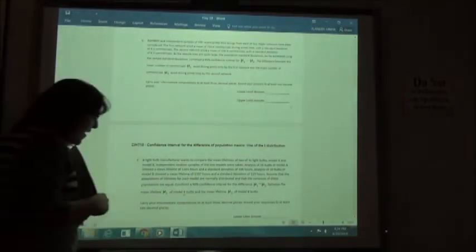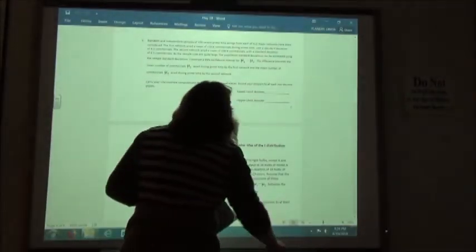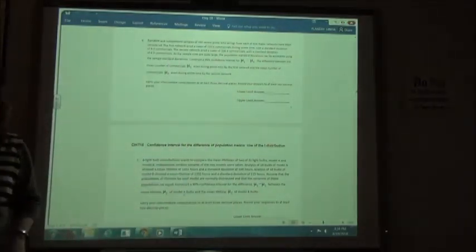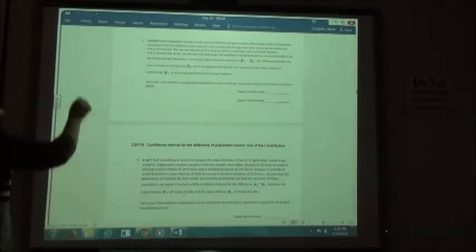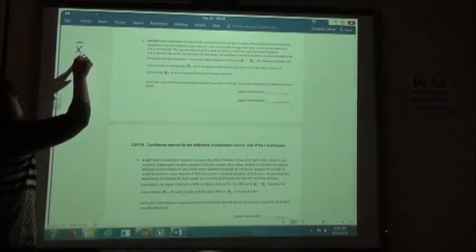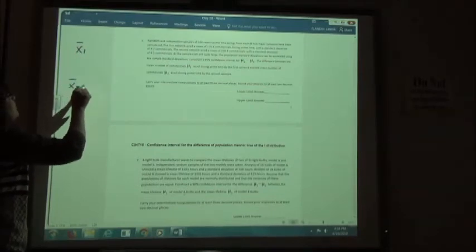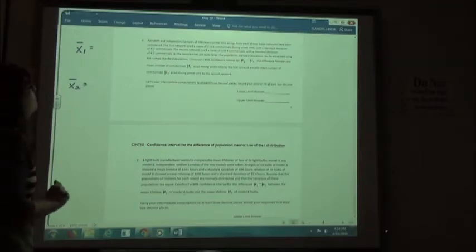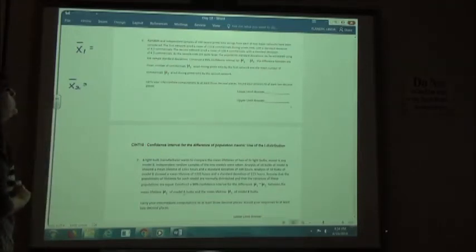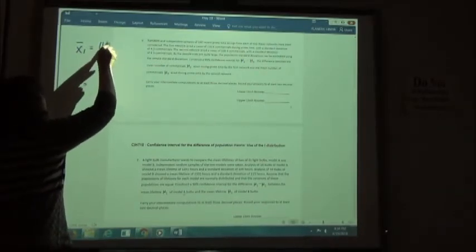And so again, we're going to find our upper and our lower limits. This time they were nice because instead of giving us the big long list, they just told us the numbers to use. So, in our formula, we are going to take the mean from sample 1 minus the mean from sample 2. What is the mean from sample 1? 110.6.